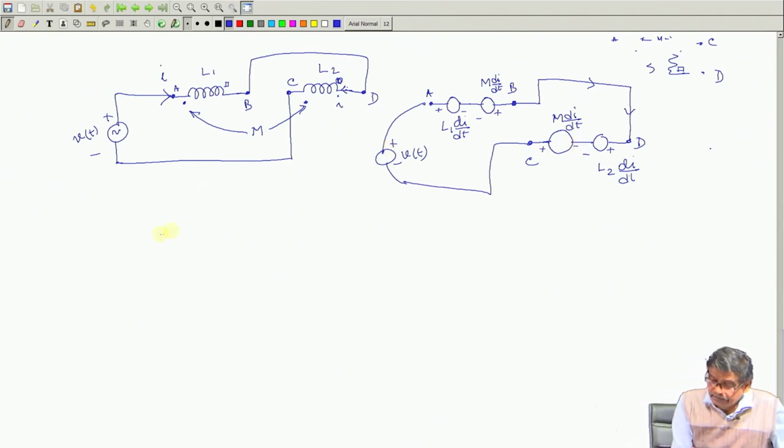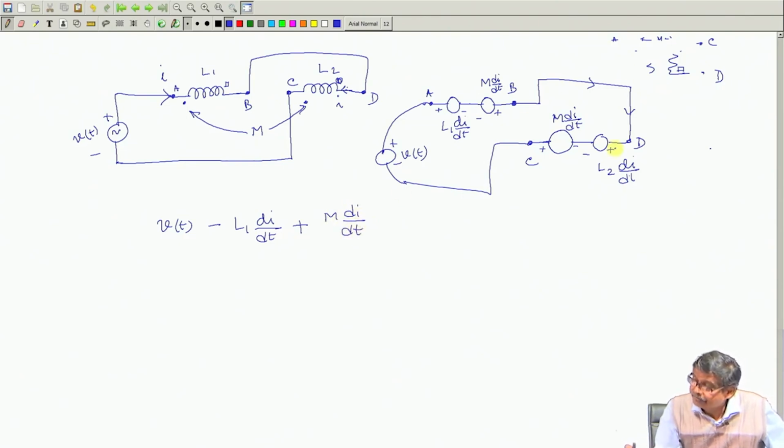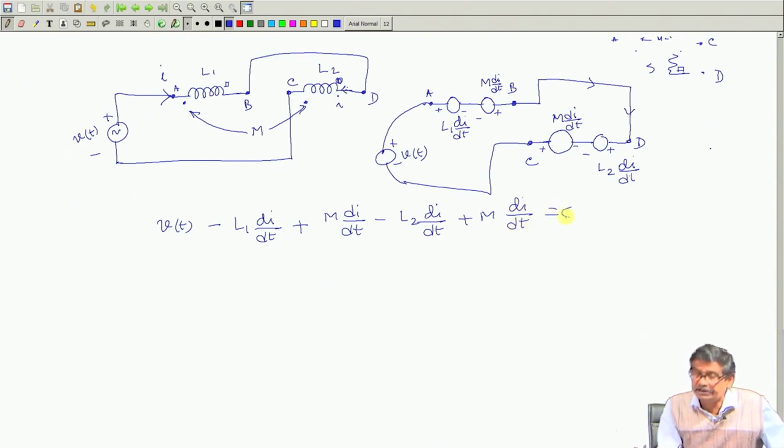Then write down the KVL: V t from this to this plus, minus to plus, then from this to this minus L1 dI/dt, then minus to plus, plus M dI/dt, then from here plus to minus, so minus L2 dI/dt, and then minus to plus, plus M dI/dt, and this must be 0, that is what the KVL law tells me.